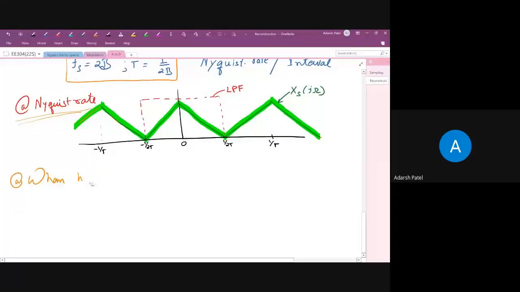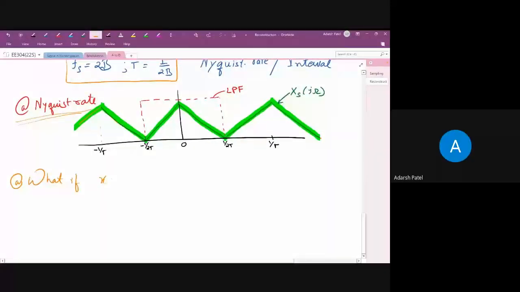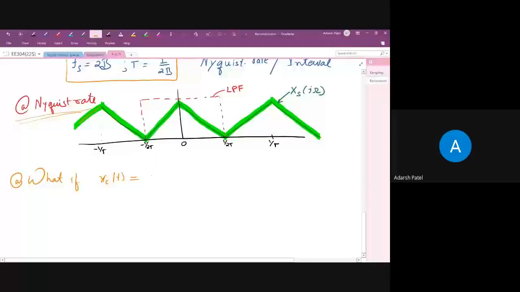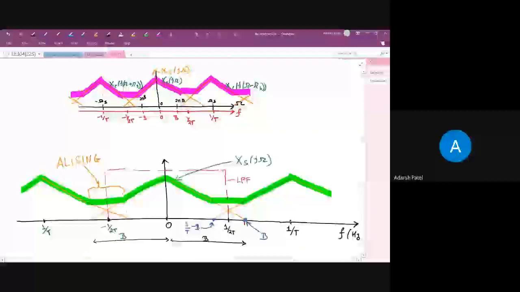What if xc(t) is sine, let us say sine of omega s, where omega s is nothing but the sampling frequency.